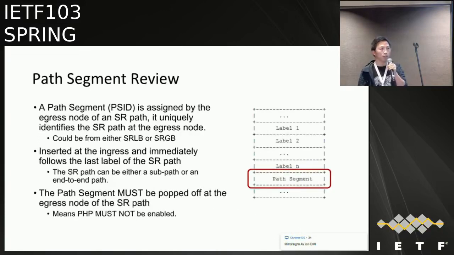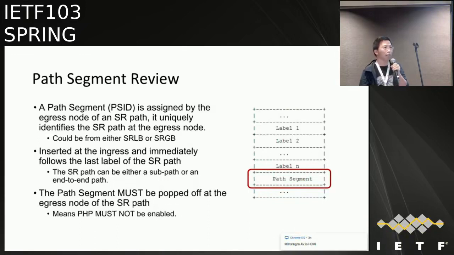And when a path segment is used, it must be inserted at the ingress node, and it must immediately follow the last label of the SR path. The SR path here can be either a subpath or an end-to-end path. The path segment must not be popped off until it reaches the egress node. That means the PHP function must not be enabled.